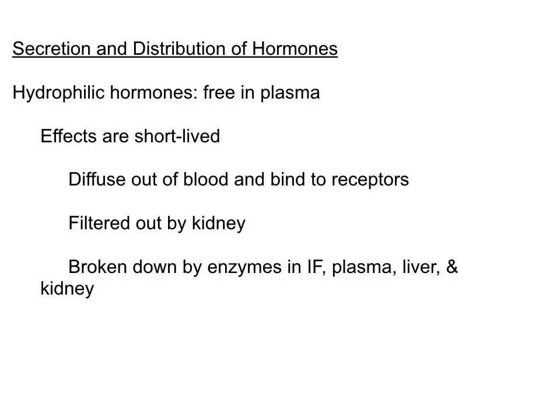Now that you've been introduced to the different chemical classes of hormones, let's talk about how they're produced and distributed. Some of your hormones are hydrophilic and some are hydrophobic. Remember that hormones are being transported in your blood, specifically your plasma.